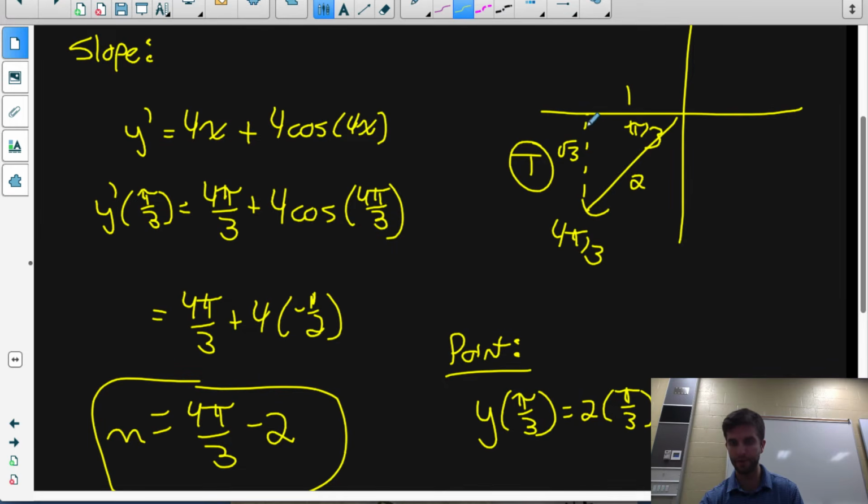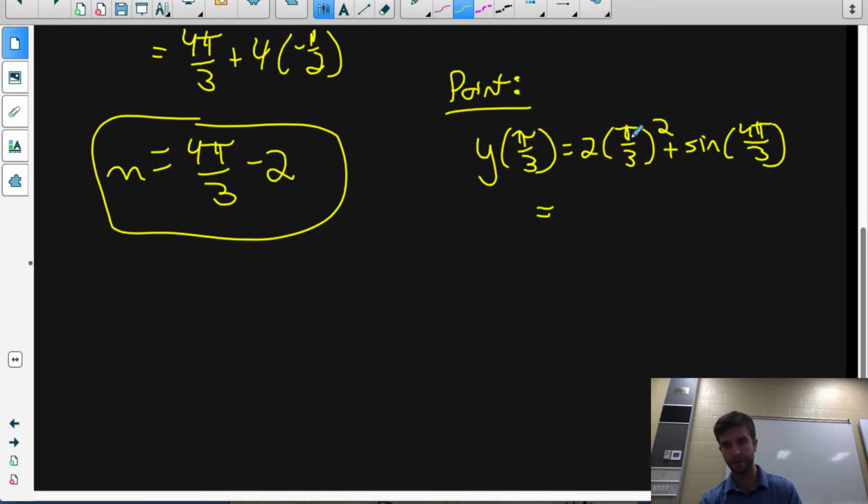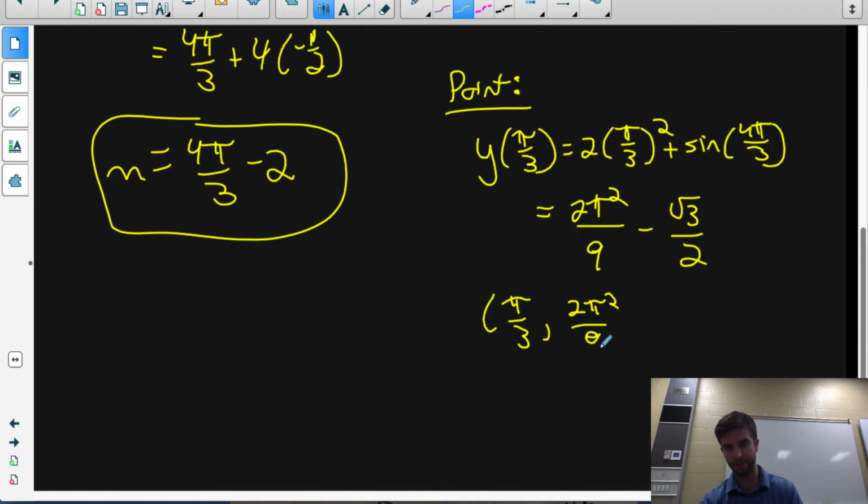Sine of 4 pi over 3 would be negative sine pi over 3, which is negative root 3 over 2. So I've got 2 pi squared over, don't forget to square the 3 as well, 9, minus root 3 over 2. So that's the point on my tangent line. My point is pi over 3, comma, 2 pi squared over 9 minus root 3 over 2. Now it's not a nice point, but that is my x and my y.